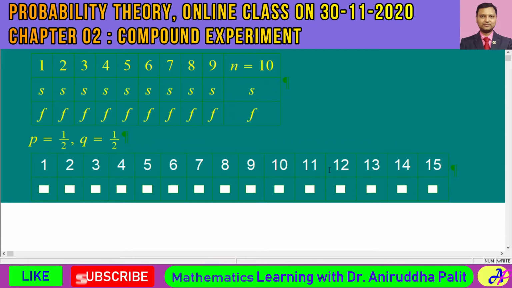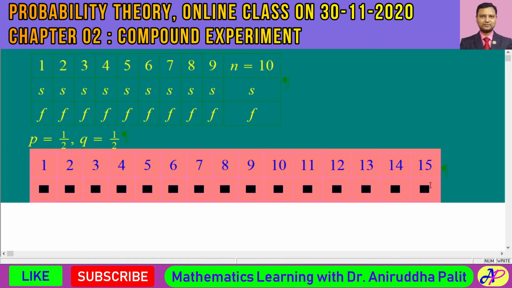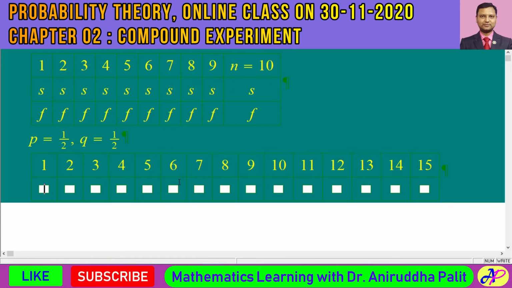Now suppose for the first time the mathematician draws the first matchbox.